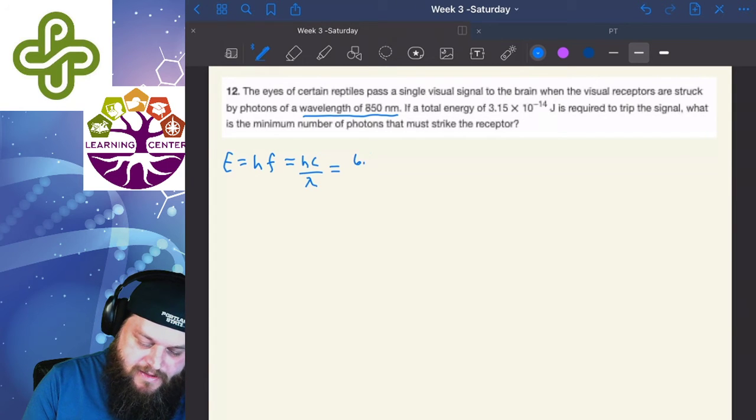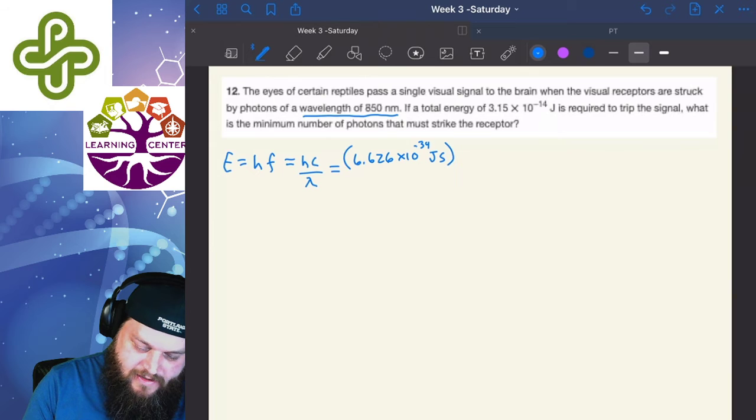So that would be 6.626 times 10 to the negative 34 joule seconds, that's Planck's constant, times the speed of light, which is 2.998 times 10 to the 8th meters per second. I'm going to divide that whole thing by 850 nanometers.